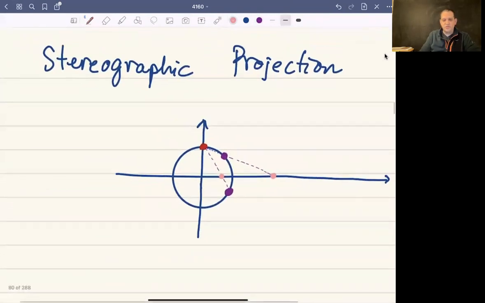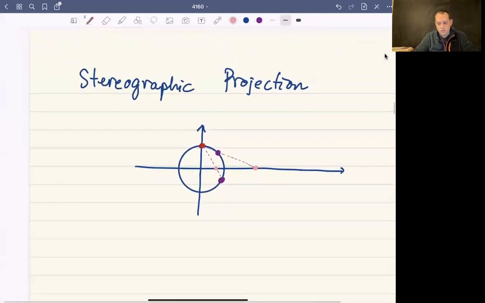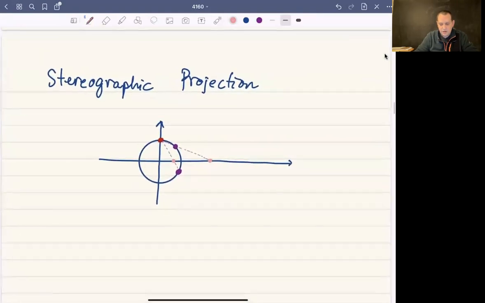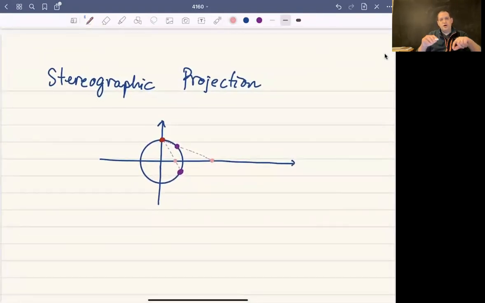And so it turns out that there's a unique one-to-one correspondence, a bijection in mathematical lingo, between all the points on the unit circle except for the North Pole. So all the points on the unit circle except for the North Pole can be mapped uniquely to the horizontal axis. So pick a point on the horizontal axis, draw a line segment from that point to the North Pole.